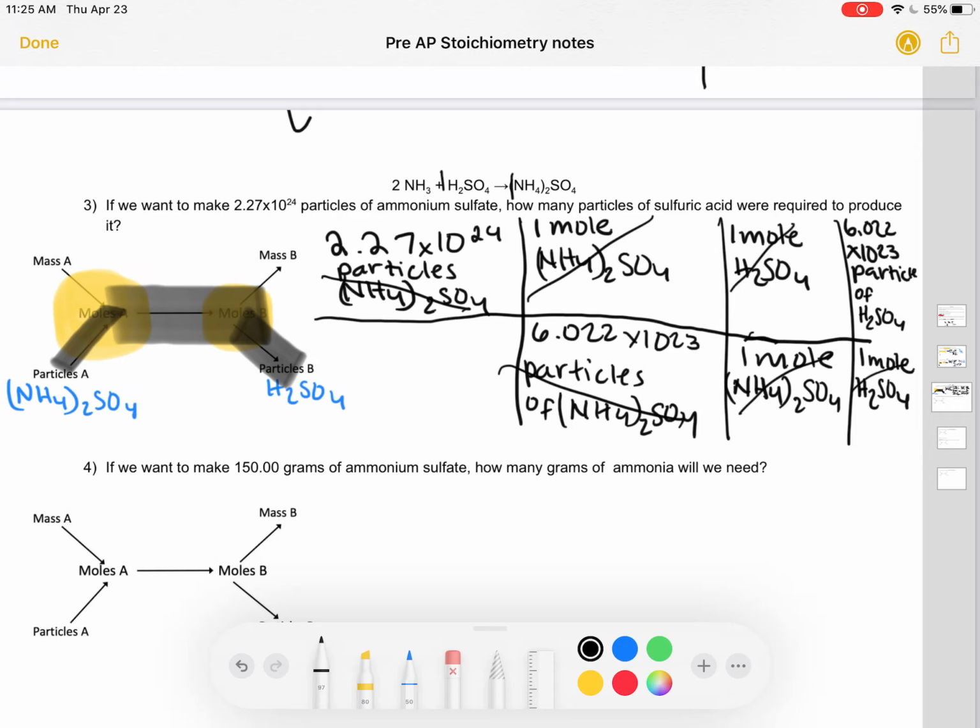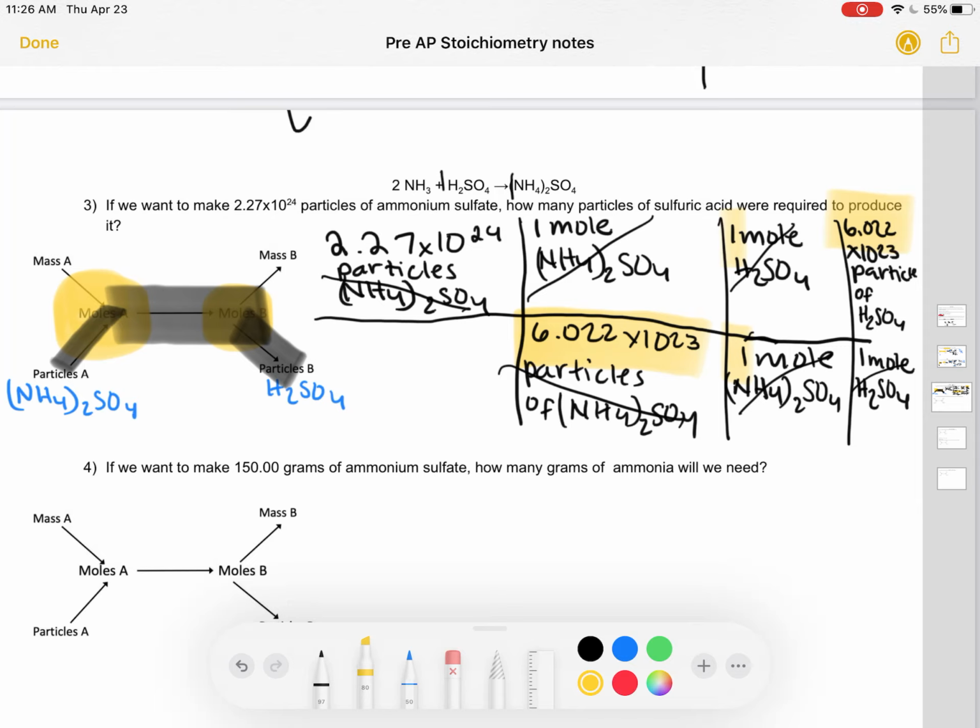And I hope you're seeing something a little silly about this problem here. We are dividing by 6.022 times 10 to the 23 here, multiplying by 1 over 1, and then multiplying by 6.022 times 10 to the 23rd. So because it's a 1-to-1 mole ratio, it's also going to be a 1-to-1 particle ratio.